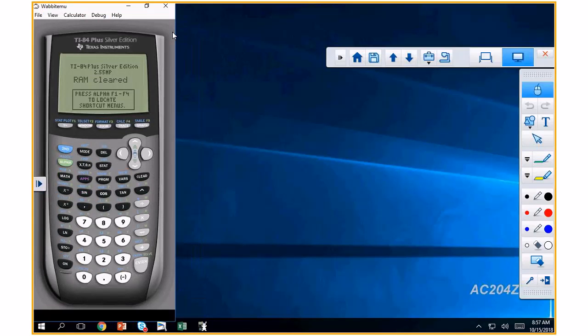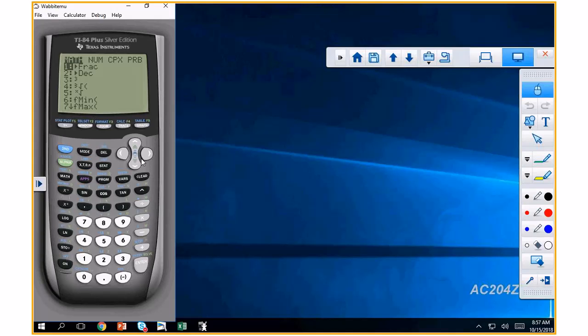You type in the first number, then math, probability, number 2 and number 3. So I would type in 10, math, probability, NPR, and 3, and enter.